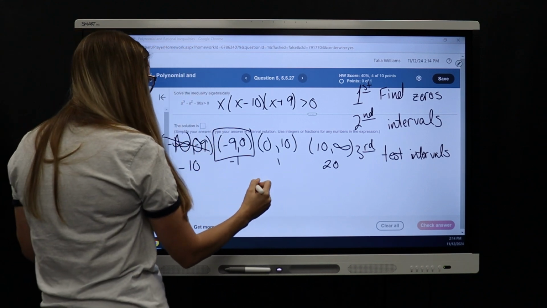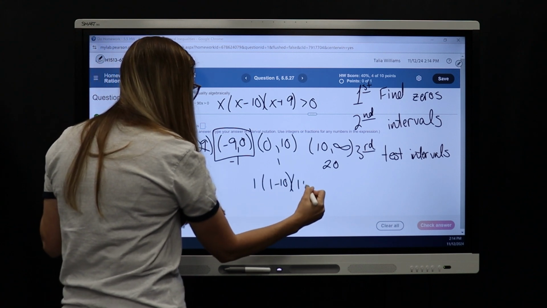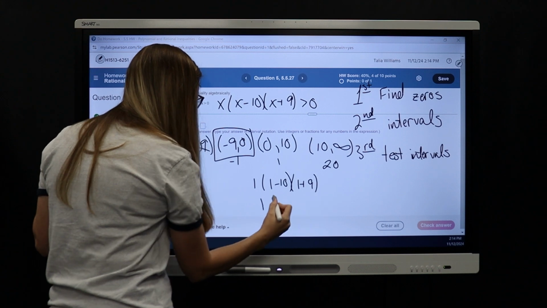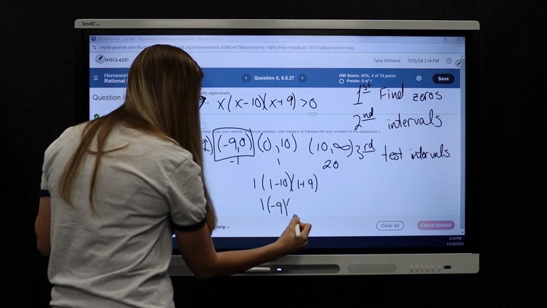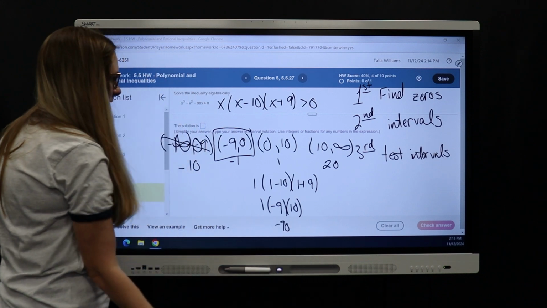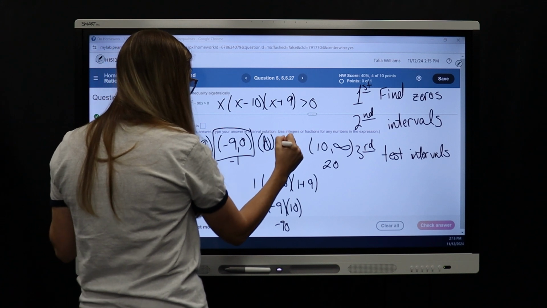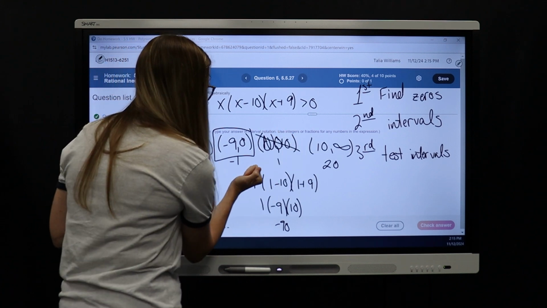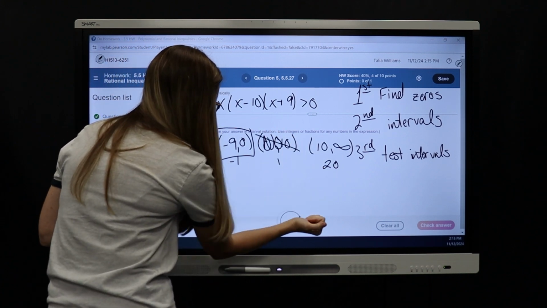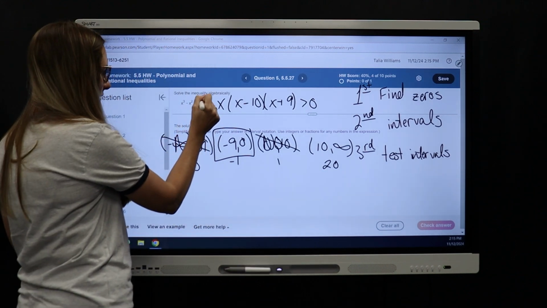Then I do 1 times 1 minus 10, 1 plus 9, and 10, this is going to be negative 90. Negative anything is not greater than 0, so this one is a no. And remember where that greater than and less than 0 is coming from is right here.